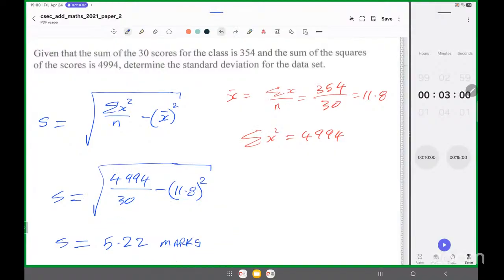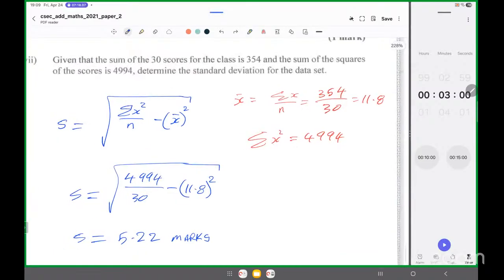On average, the scores spread from the mean score by about 5.22 marks. That's the standard deviation. Understand? It's a measure of spread from the mean. So all the values generally spread away from the mean by about 5.2.